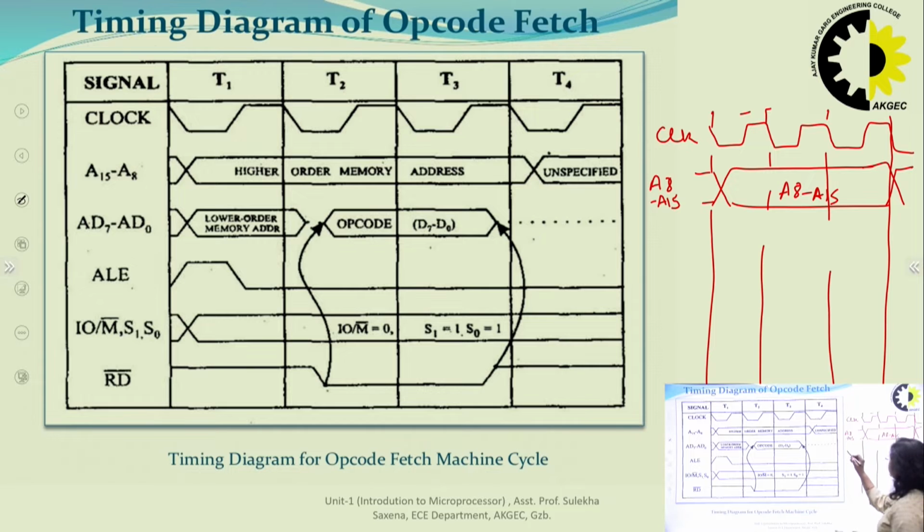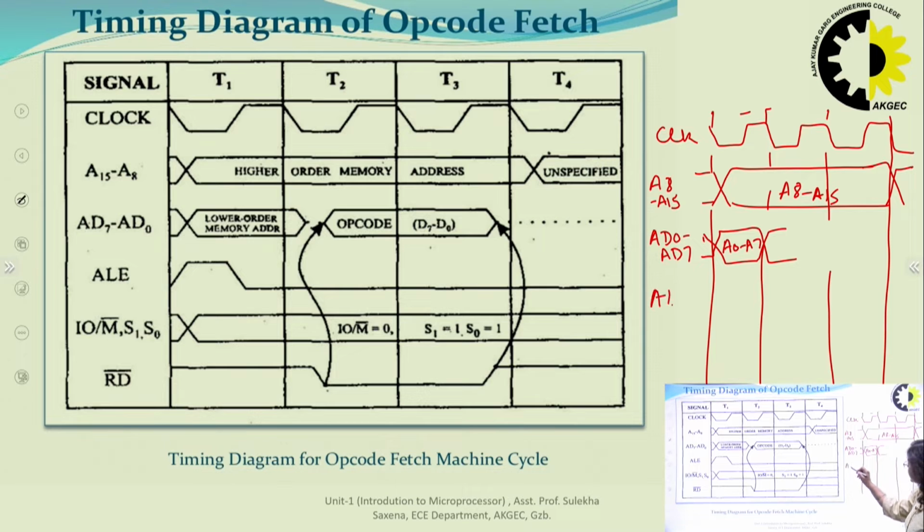The lower order address data multiplexed bus AD0 to AD7. In this bus, first machine cycle is required to load address A0 to A7, and after that in second machine cycle data is there.